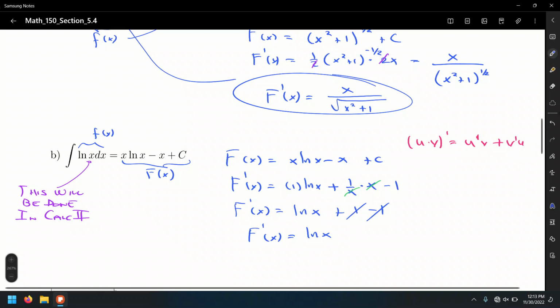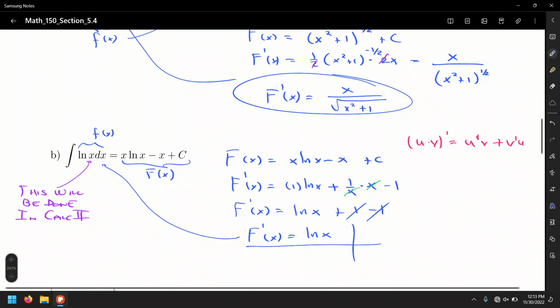And indeed, check how this actually matches the integrand in the original problem. But again, how to integrate this ln of x is Calc 2. It's called the method of integration by parts, which is essentially the backwards way to go about the product rule of differentiation. In fact, it comes from the differentiation of a product of two functions.